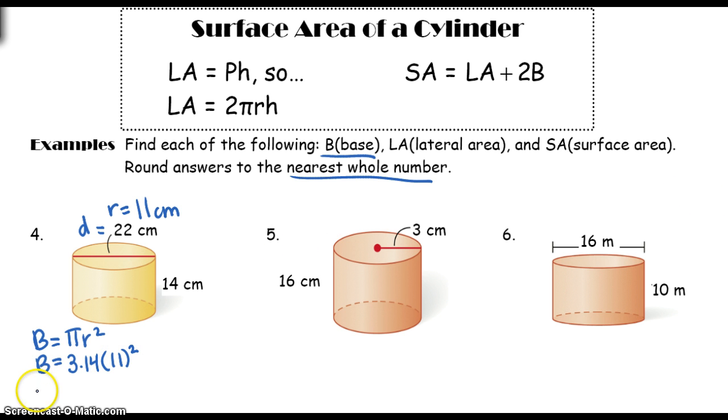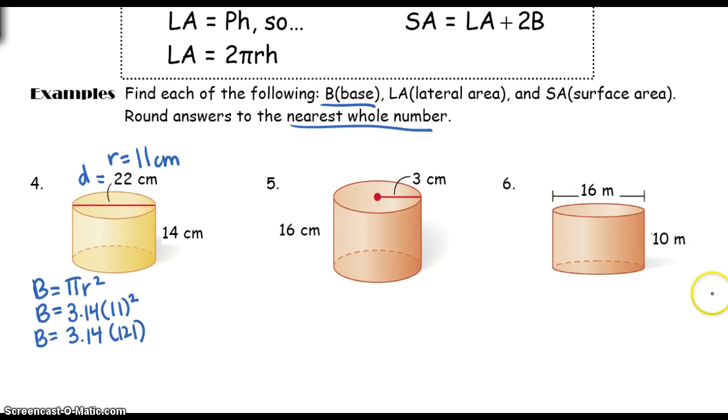What is 11 squared? 121. So 3.14 times 121, when I type it into my calculator here, gives me 379.94. But they said round to the nearest whole number. So this 9 is going to bump this up, and we're going to have 380 centimeters squared.